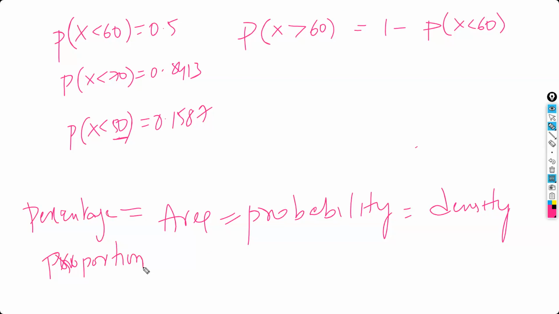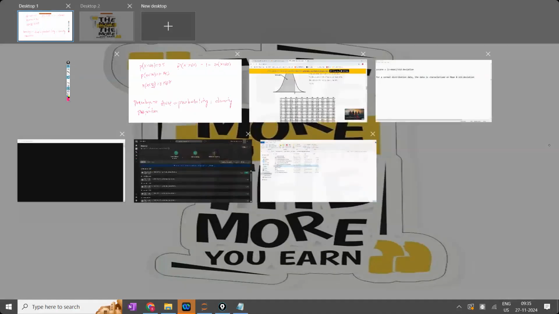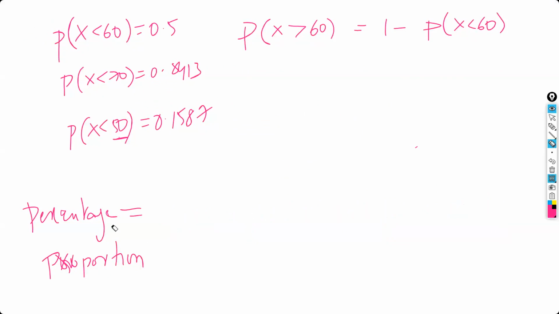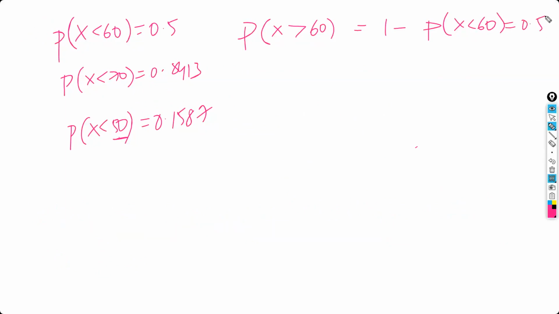And from the z table, always you will get the left side area only, not the right side. If you want to calculate right side area, it has to be calculated with 1 minus. So 1 minus of this is 0.5: left side 0.5 is there, so right side also 0.5 will be there. The total area is 1. Now, less than 70, I want greater than 70.